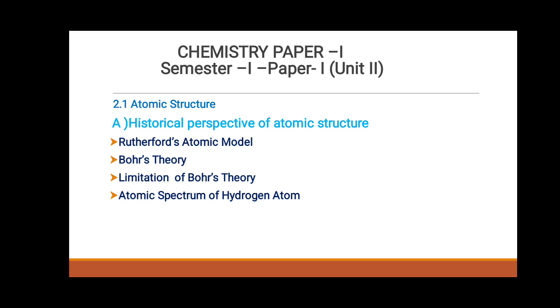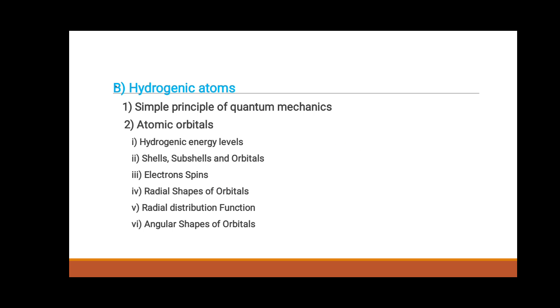Then the atomic spectrum of hydrogen. Next, in the second part, the hydrogenic atom. In that we study what is an atom and the simple principles of quantum mechanics. Then atomic orbitals.